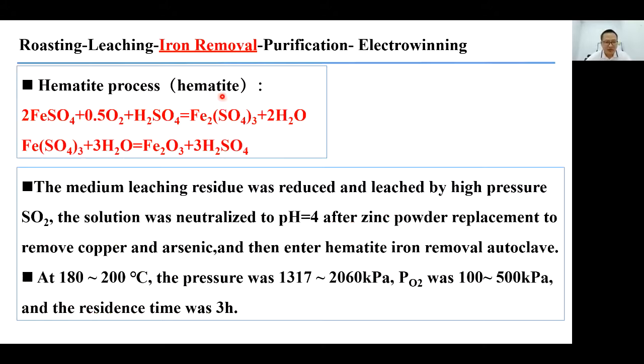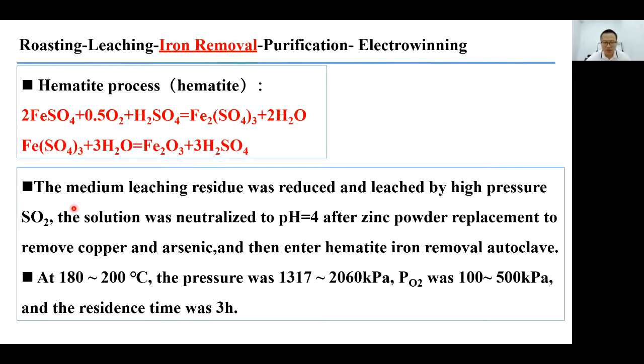And the last one is hematite. For the hematite, we can find ferrous iron is needed. It was oxidized, and after that it was converted to hematite in autoclaves. So the middle leaching residue was reduced and leached by high pressure sulfur dioxide leaching.